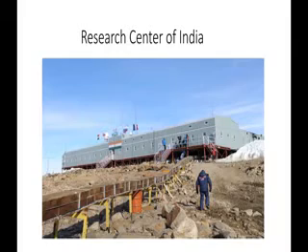Also, several countries have established their stations on this continent for research purposes. India's research centers are also there, named Maitri, Gangotri, and Bharati. These are the three centers in the Antarctica continent. Why were they established there?